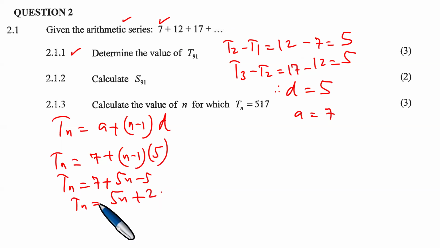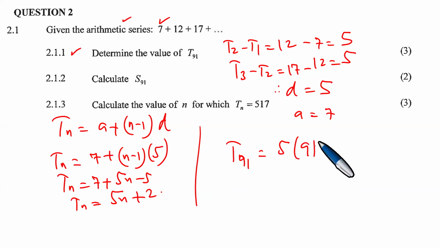Take note of that. At this point, we need T91, which therefore means that T91 is 5 times 91 plus 2.